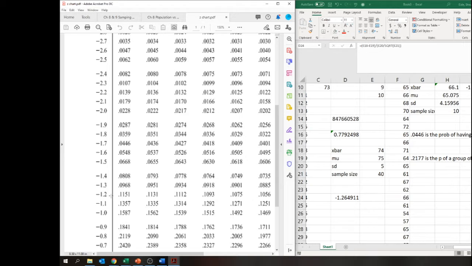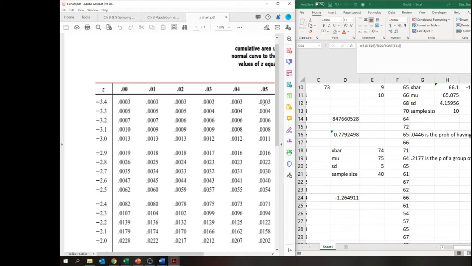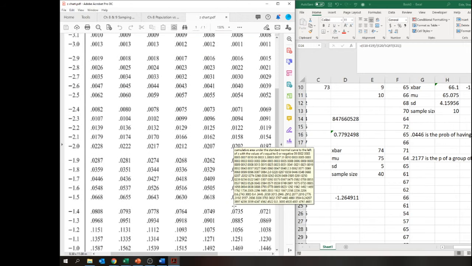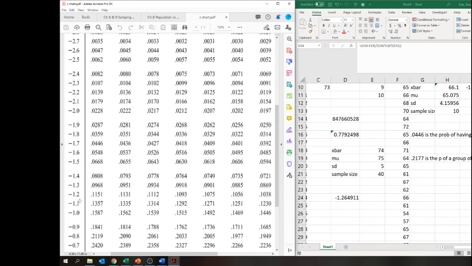So I go to the z-chart, and I find negative 1.26. Okay, so we're going to find 6, which is right there. So negative 1.26. And so 0.1056 is the probability of, what is the question asking again?